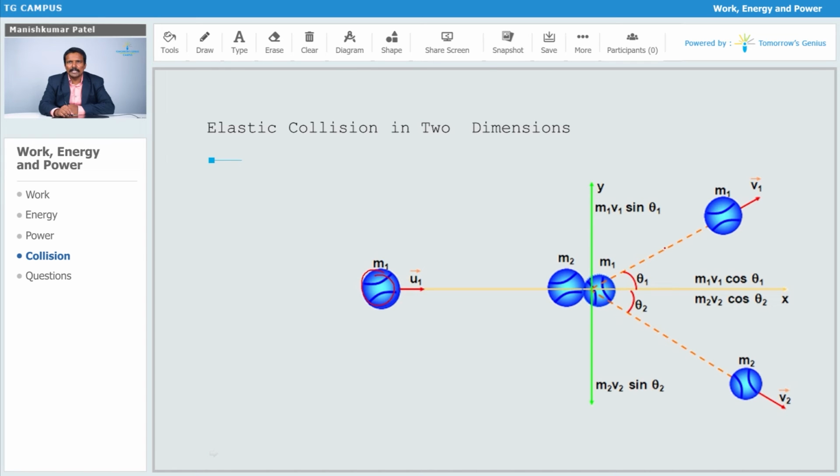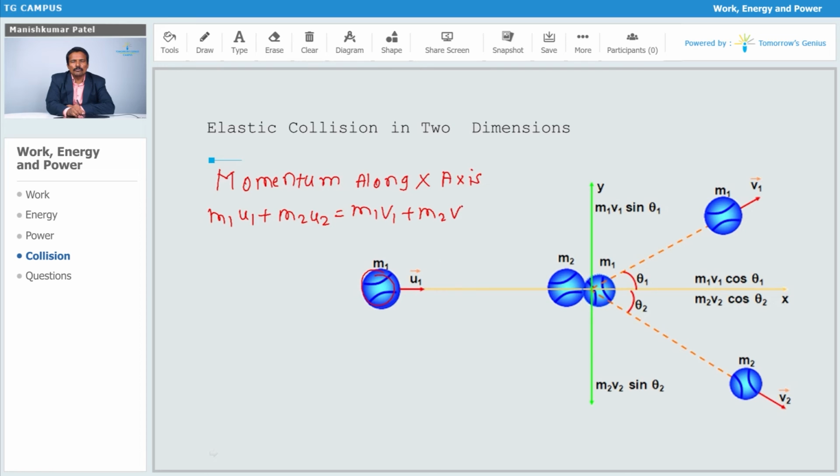It makes some angle. After collision we have m1 v1 cos theta and m2 v2 cos theta. For this case the momentum is conserved along the x-axis. So along the x-axis, m1 u1 plus m2 u2 is equal to m1 v1 plus m2 v2.